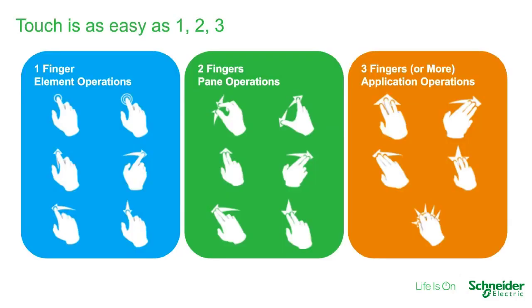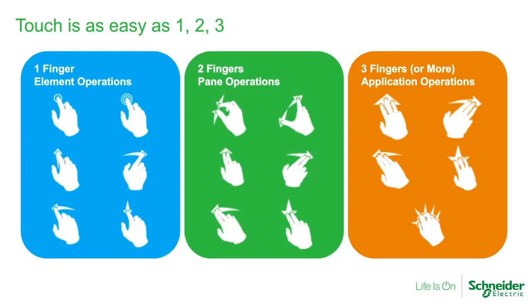The other part is multi-touch. It was very important for us to support all the multi-touch features. We have one-finger operations. They're typically element operations, like starting or stopping a pump, or swiping through navigation, going up, down, left, right. Then the two-finger operations are more like pan and zoom types of operations.